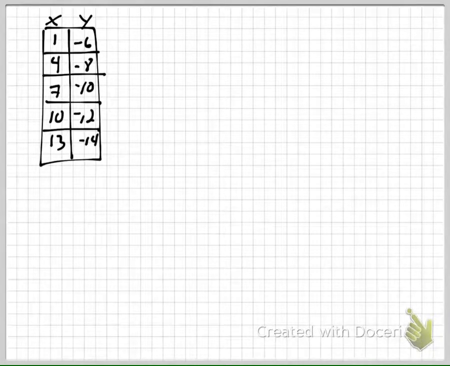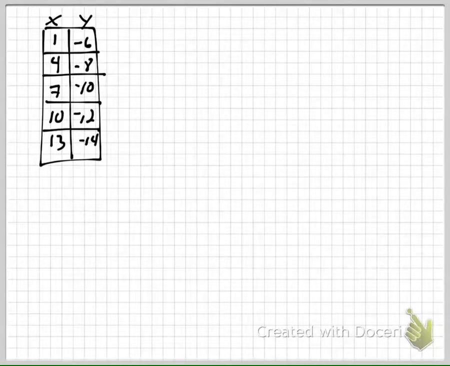We need to be able to tell, based on the data that we have here, whether or not this is in fact linear, or in other words, whether it creates a line. We need to know this. If it doesn't create a line, then we can't write this thing's graph. Then we can't write this thing's equation, right?